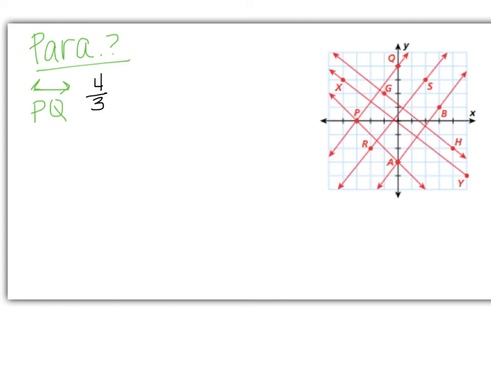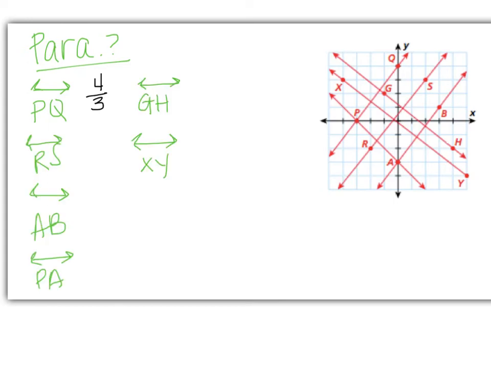I want you to find the slope for the following: line RS, line AB, line PA, line GH, and line XY on your own, and then compare them to mine. What you should have found for RS is 5 over 4. For AB, you should have gotten 4 over 3.